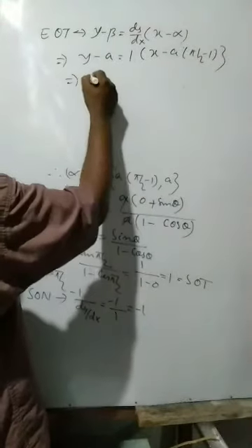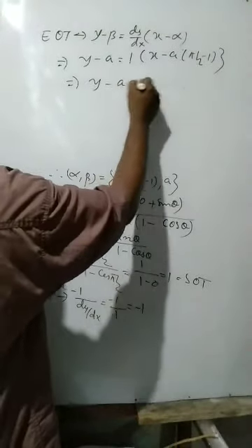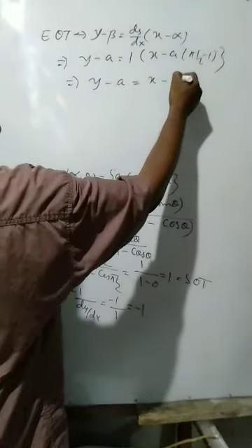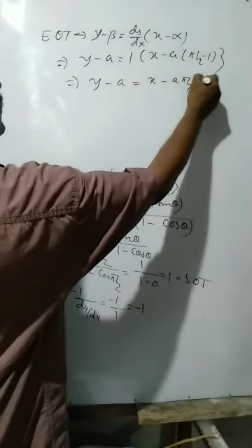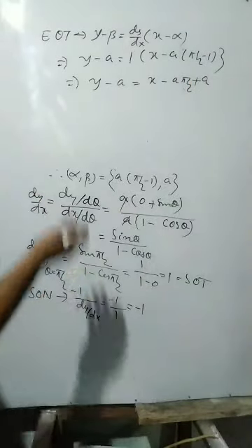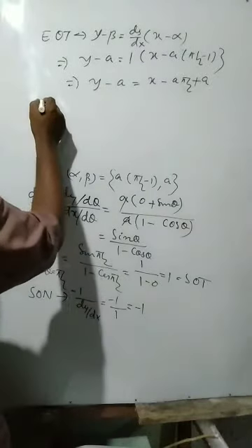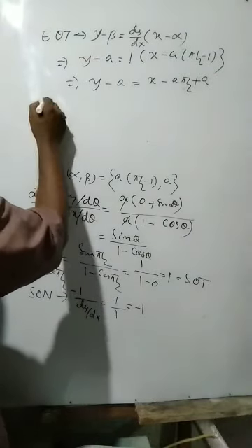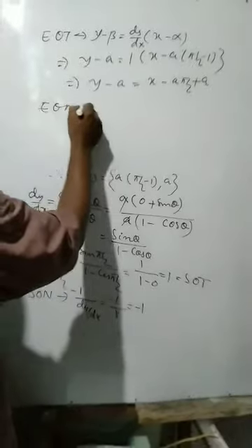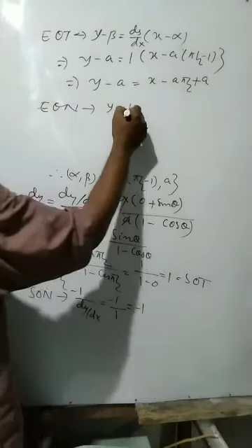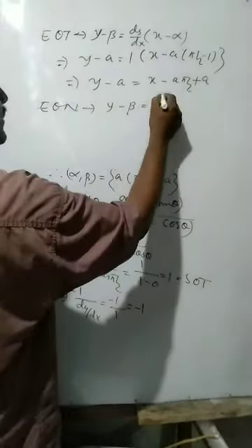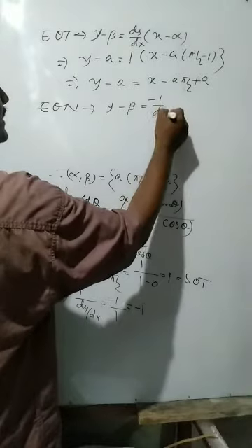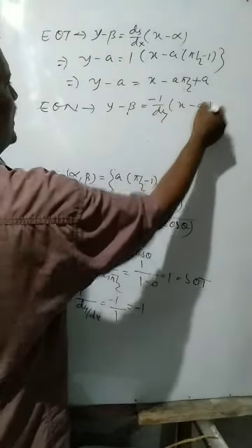So here the answer is y minus a equal to x minus a pi by 2 plus a. You simplify. Similarly, the equation of the normal: y minus beta is equal to minus 1 by dy by dx into x minus alpha.